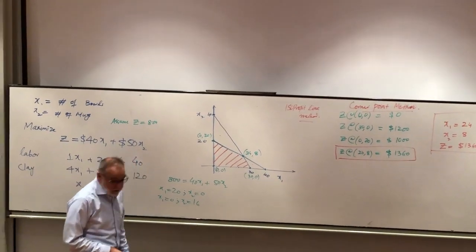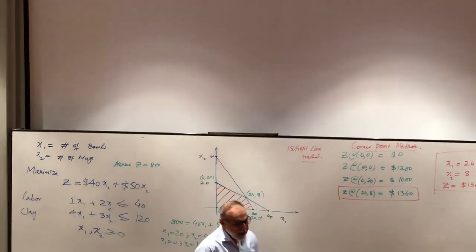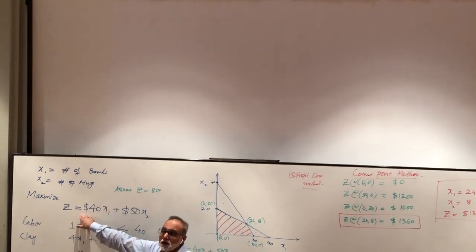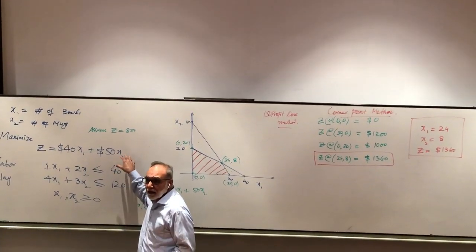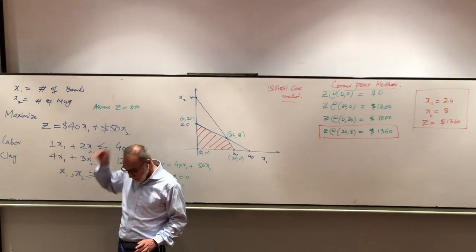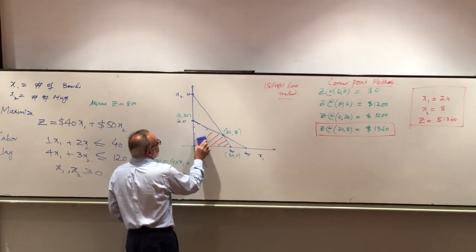So what we do is, we select some number here such that we can draw this profit function within the feasible region. Okay? So this is our feasible region.